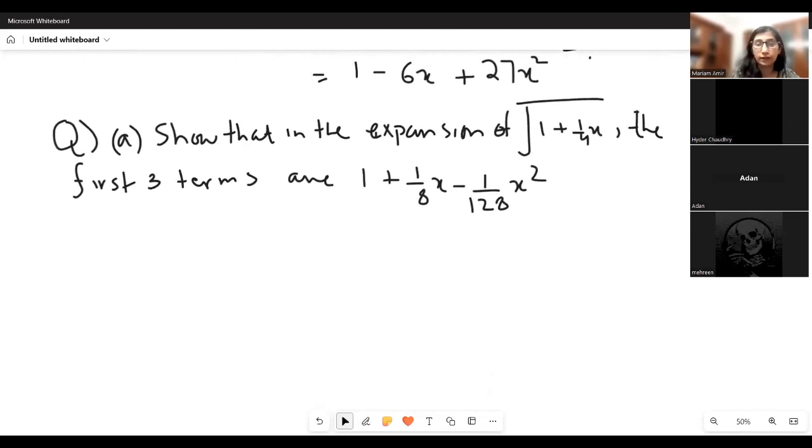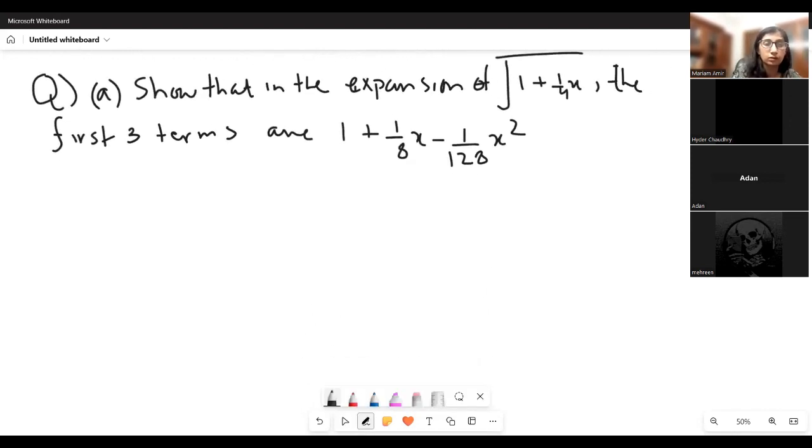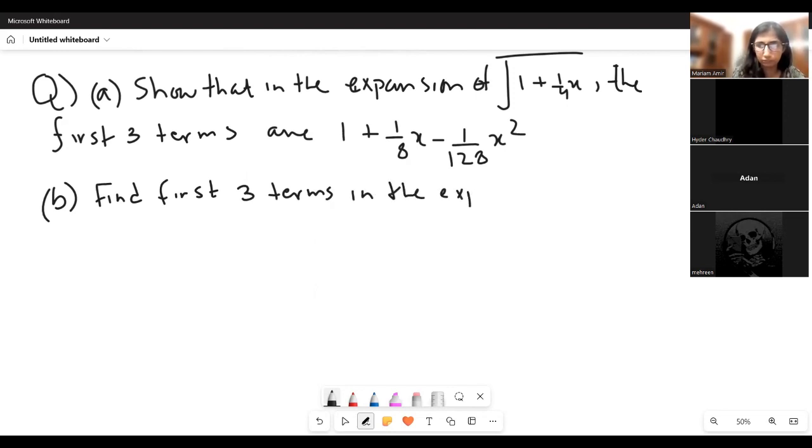And B part is hence find the first 3 terms in the expansion of the following. Part 1, square root 1 minus 1 by 4x.